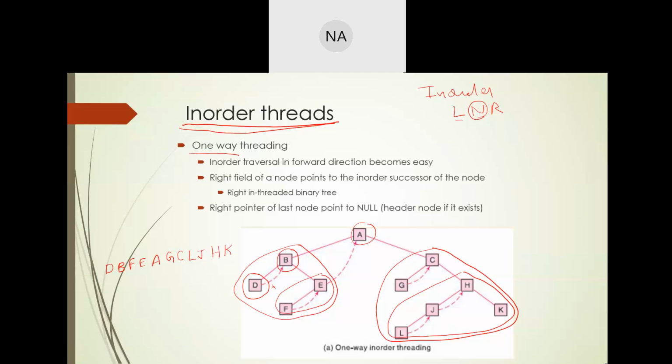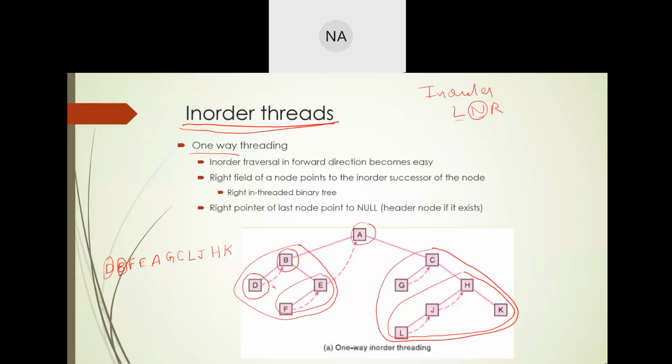You can see that B is the in-order successor of node D. That is, node B comes just after node D in the in-order traversal of this binary tree, right?